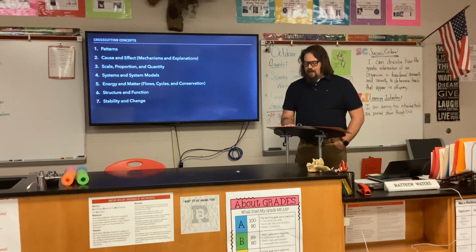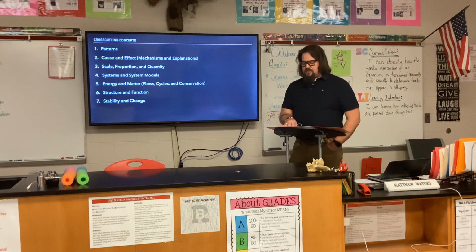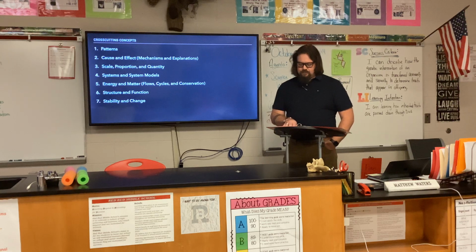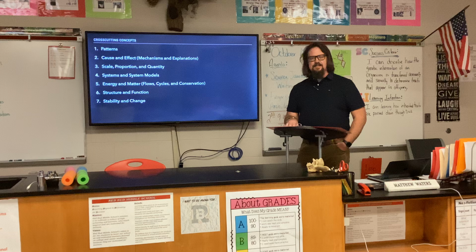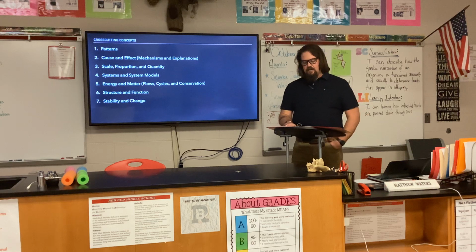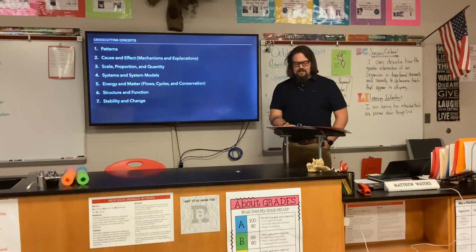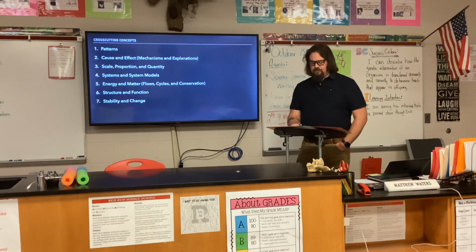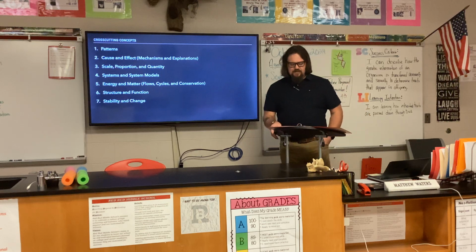The way in which an object or living thing is shaped and its substructure determine many of its properties and functions. And lastly, number 7 is stability and change. For natural and built systems alike, conditions of stability and determinants of rates of change or evolution of a system are critical elements of study.